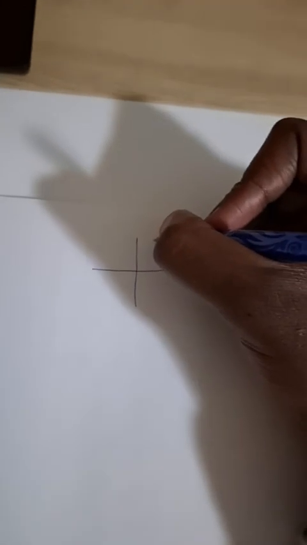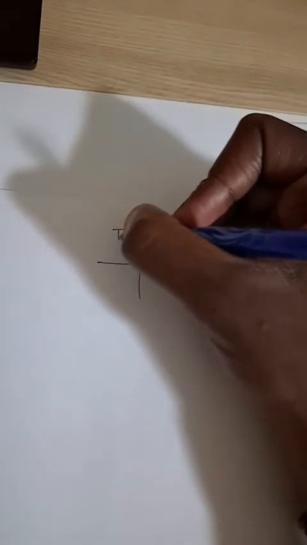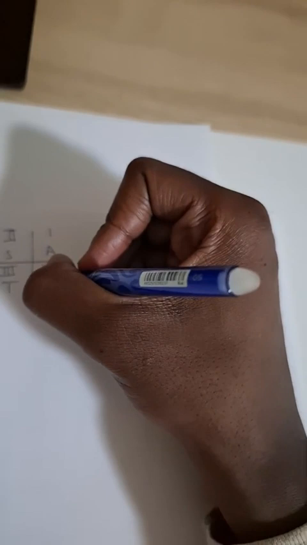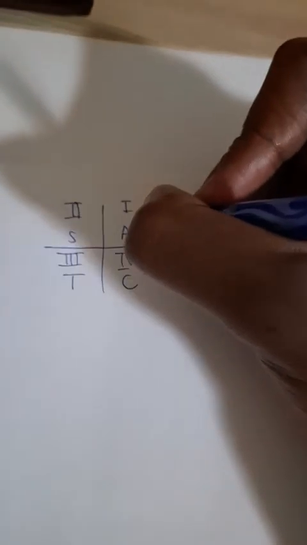So you know that in the first quadrant, we say A, second quadrant, we say S, third quadrant, we say T, and then our fourth quadrant, we say C. All right. So once again, why do we say that? It's because A means all trig ratios in the first quadrant are positive.